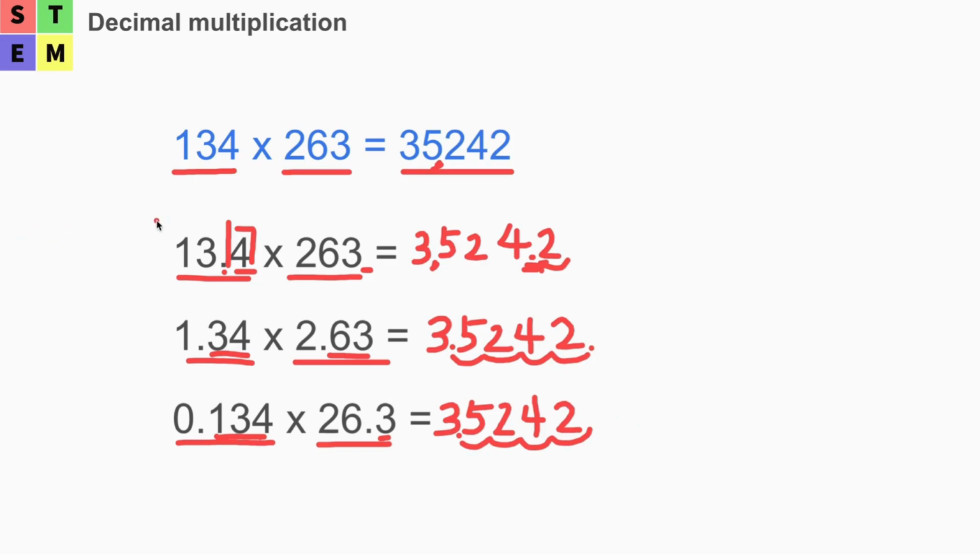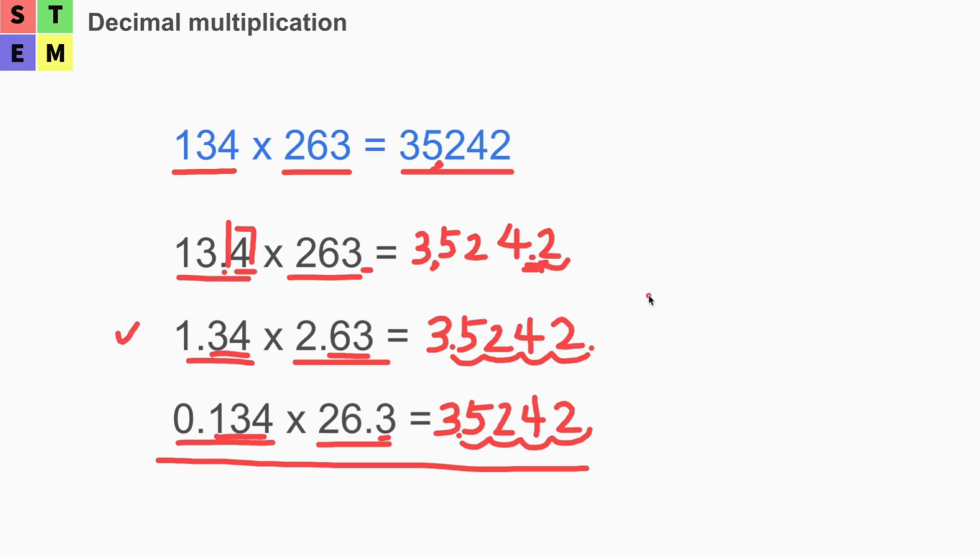Okay, so take a look at this. We do have a pattern here, right? Oh, by the way, if you are wondering why I always write the same number 35242 here, it is because I can take this one as the example.